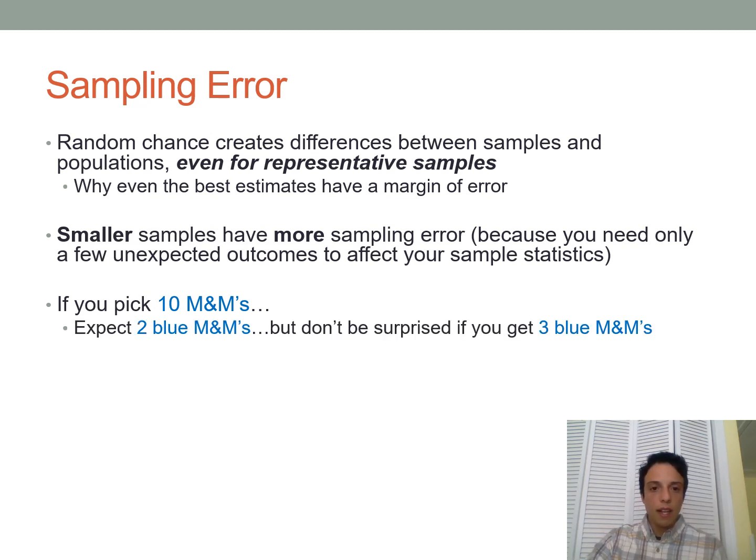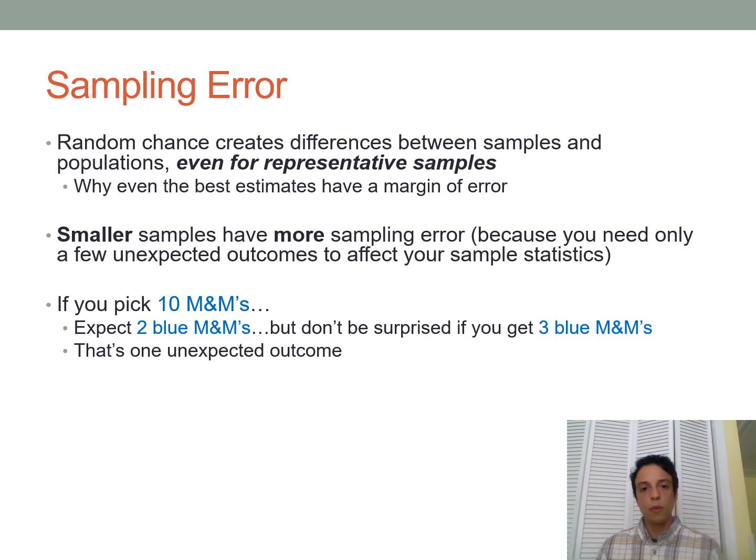If we pulled 10 M&Ms out of the jar, we'd expect 2 blue M&Ms. 2 out of 10 is 20%, so you'd expect your sample of 10 M&Ms to have the same percent blue M&Ms as your giant jar. But you shouldn't be surprised if you actually pull out 10 M&Ms and 3 of them are blue. It's pretty close, but you just so happen to get one unexpectedly blue M&M. So random chance meant that you got one extra blue M&M compared to what you were expecting. That's a small sample, where we can easily go from 20% to 30% blue M&Ms by getting one unexpected outcome.